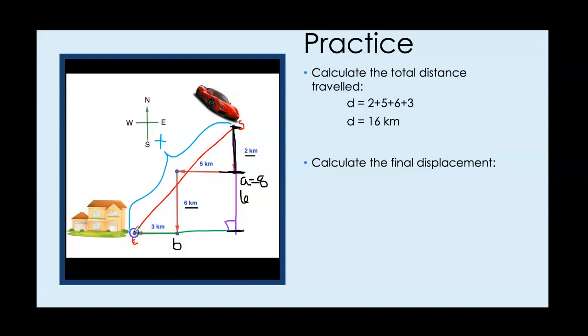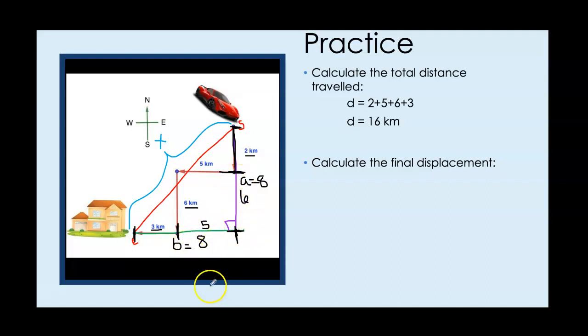And I can do the same thing down here. I know that here to here is 3 because that's what it says. And then I also know from here to here happens to be 5, which means that B is also 8.